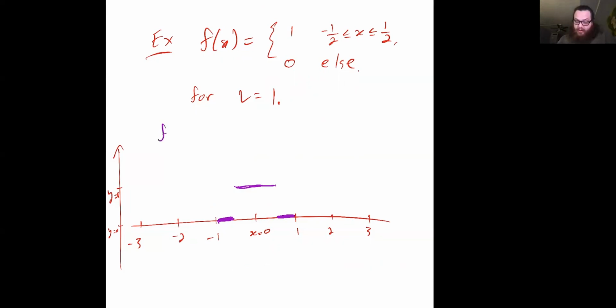So f of 2 is going to be f of something in our fundamental domain, between -1 and 1, plus twice L. In this case, L is 1, so this is f plus 2. If we subtract off twice the period from 2, what are we left with? 0. So the piece that goes in here is 0.